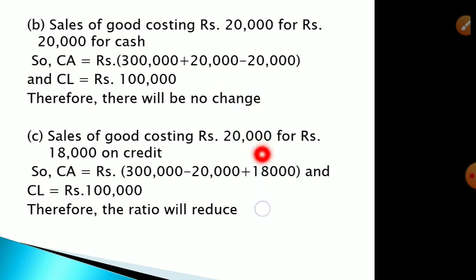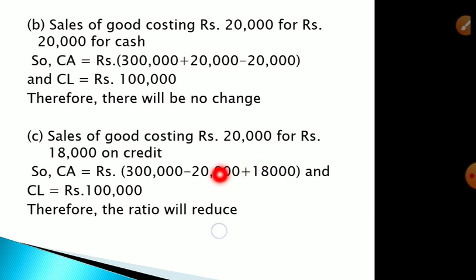Part C of the same question says sales of goods costing rupees 20,000 is sold on credit for 18,000. Now, sale of goods means stock is decreasing by 20,000 and we are receiving only 18,000 on the sale. And on credit, that means we are not receiving cash, but we are having debtors now. So my current asset is increasing by 18,000.